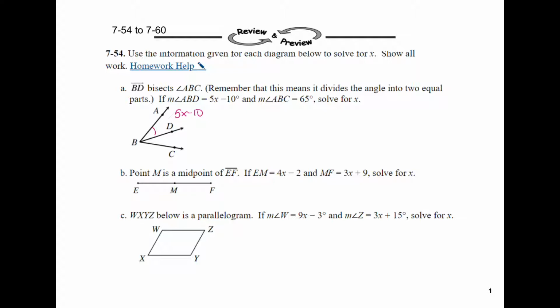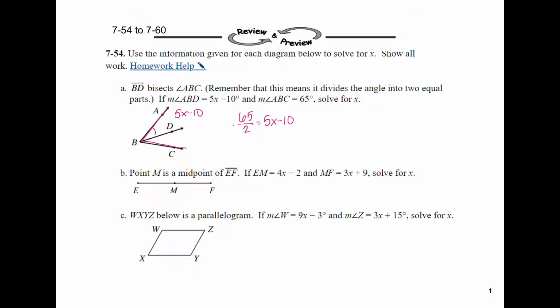and the measure of angle ABC is 65 degrees, we know that ABC divided in 2 equals 5x minus 10. We now just set up an algebraic equation and we can solve for x.